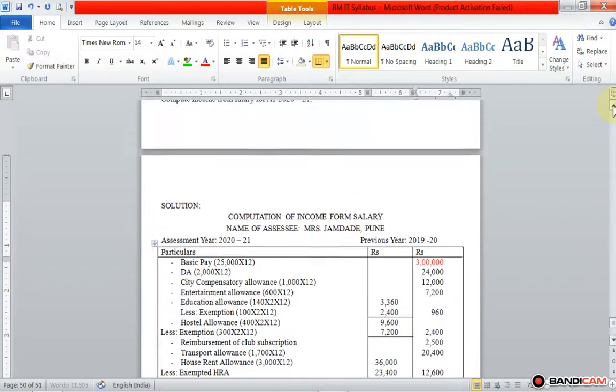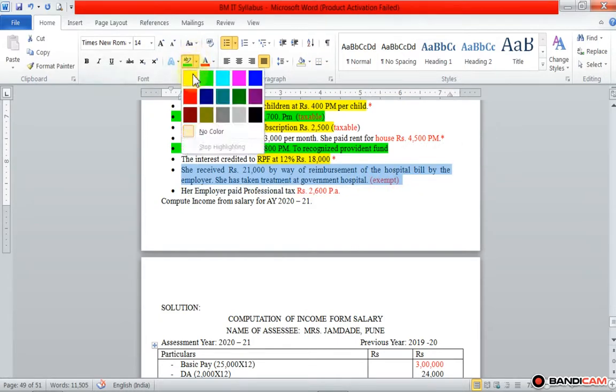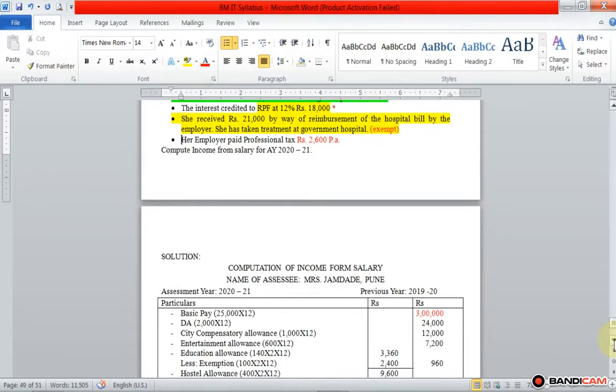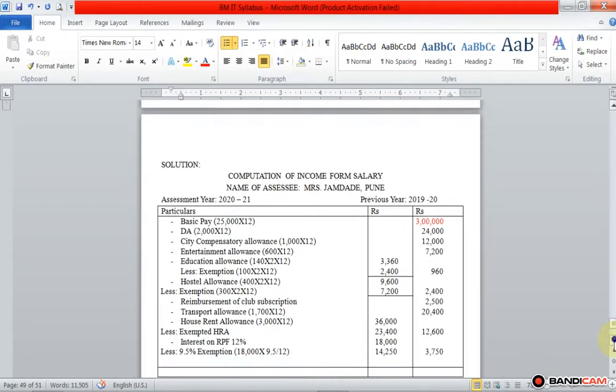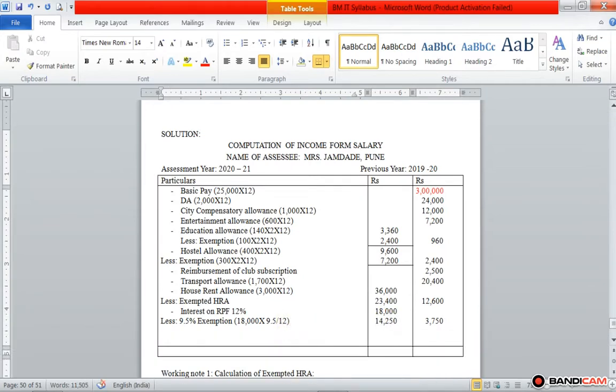Then reimbursement of medical bill amounting to rupees 21,000, and the assessee took treatment in a government hospital. So the whole amount is exempted.